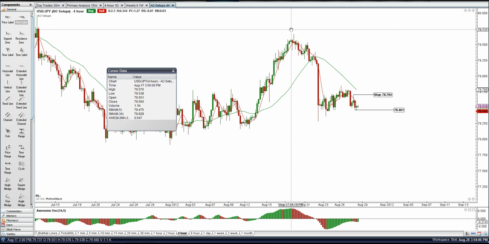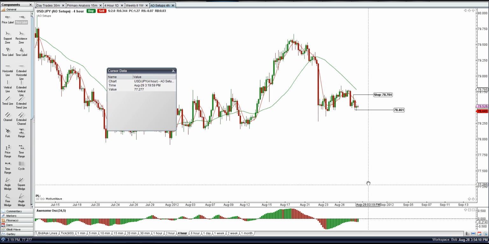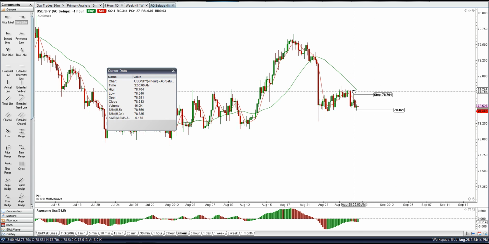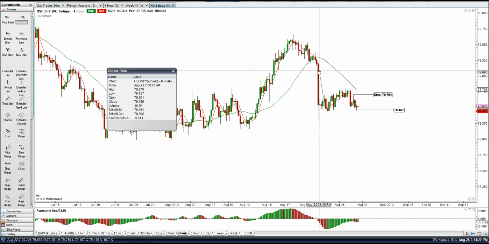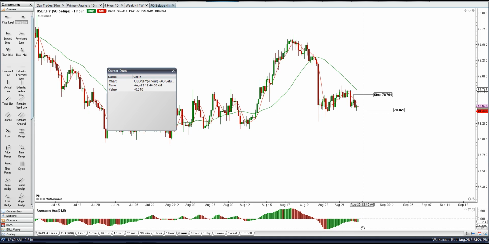I'm looking at this as a possible 1, 2, 3, sideways 4, and we're going to see maybe 1, 2, 1, 2, 1, 2, 3, 4, 5, 4, 5 to complete a fifth wave here. And that would probably give us Twin Peaks here for a possible trade back up.